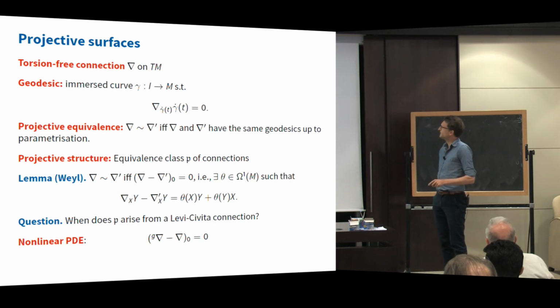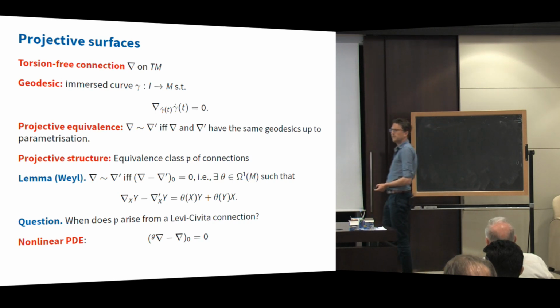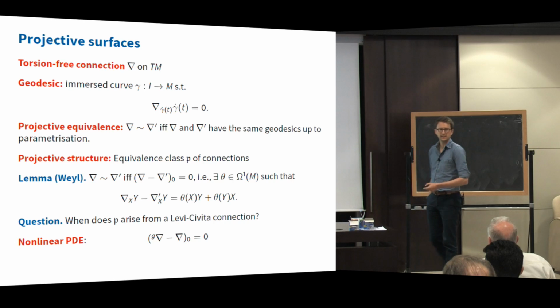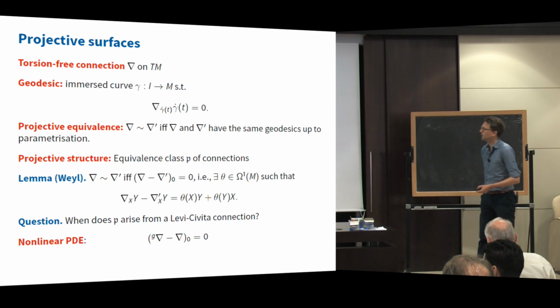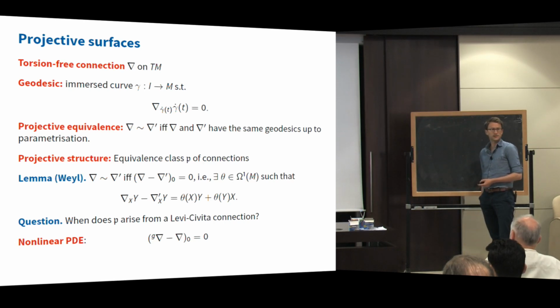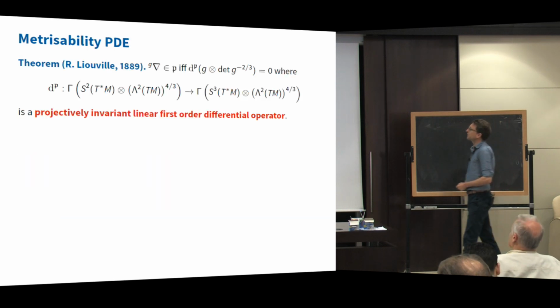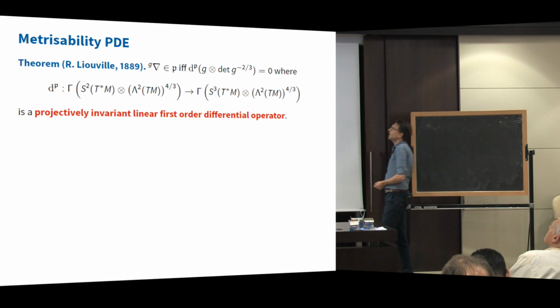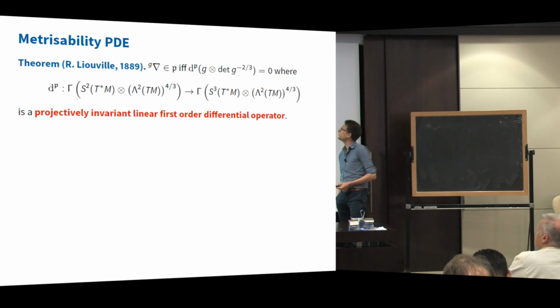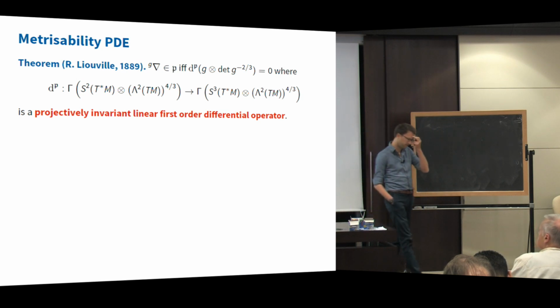If you were to write this out in coordinates, it's not a particularly nice system to work with. It's obviously a nonlinear system, and it's certainly not easy to analyze. So you have to be somehow more clever to make progress on this question. Roger Liouville, a younger relative of Joseph Liouville, actually already looked at this in 1889.